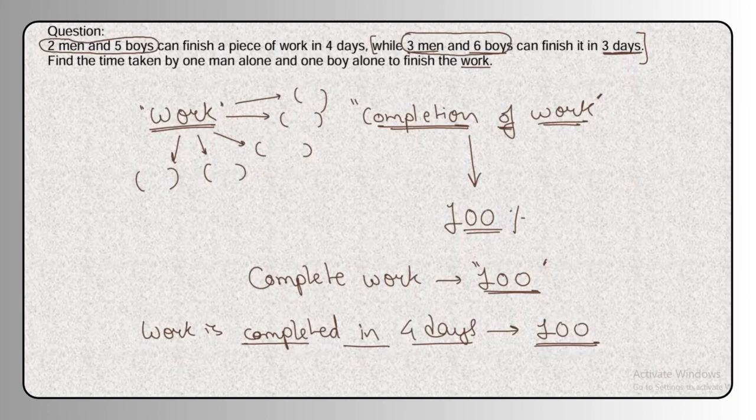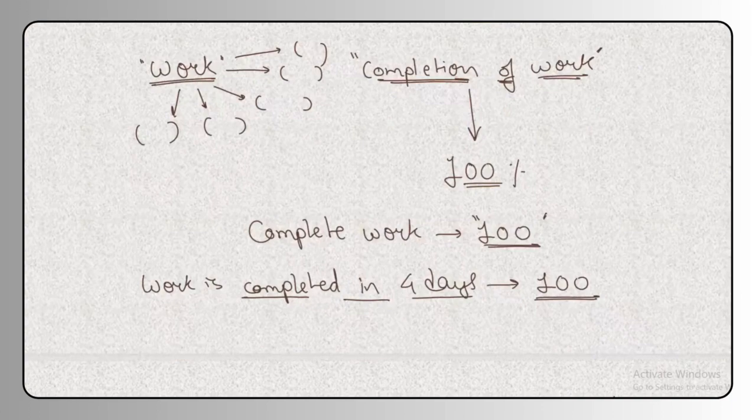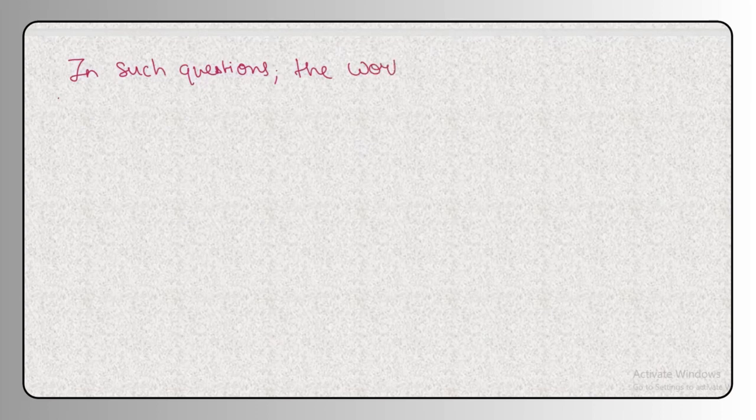Okay, now let's extend the question. The men and the boys are essentially the resources for completing the work. And often in these kind of questions, you'll always see some sort of resources for completing the work. Right. So in this case, the men and the boys are doing that. So, in such questions, the work is completed by some resources.